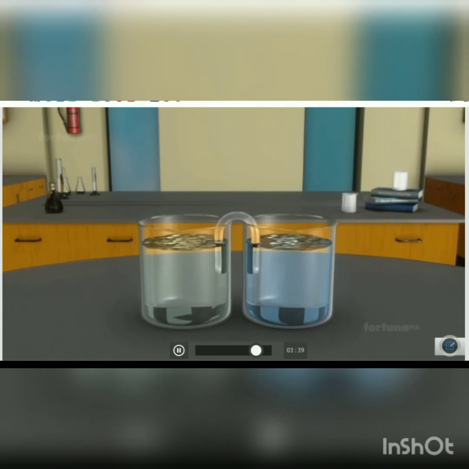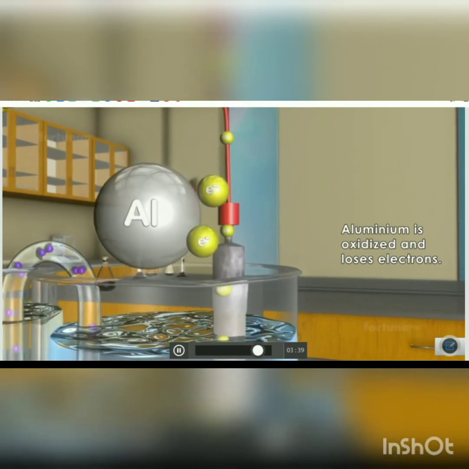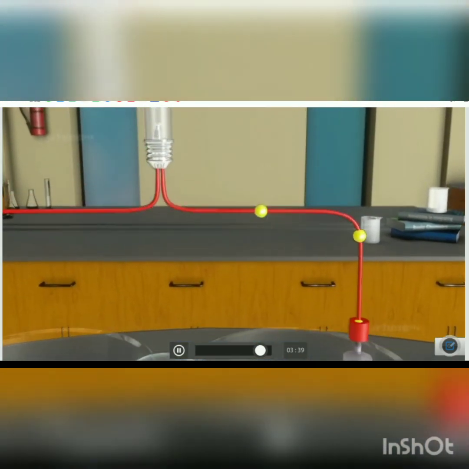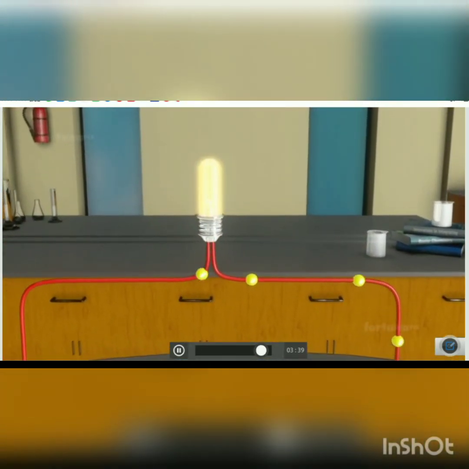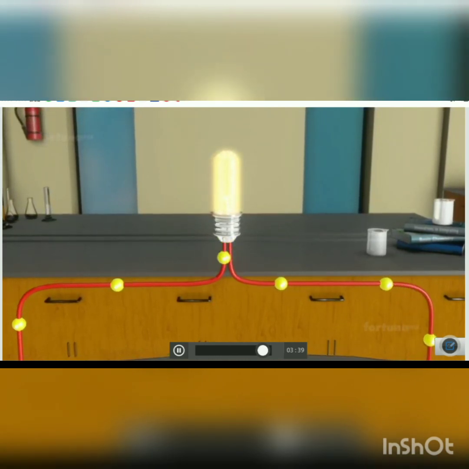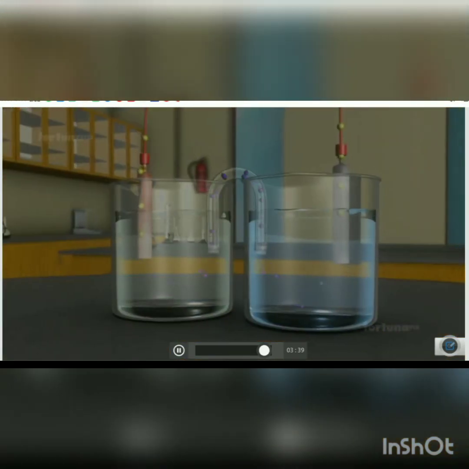For example, in one solution aluminum is oxidized and loses electrons, and in another solution copper gains these electrons, completing the circuit. By a glowing bulb we can prove it, which shows that the exchange of ions for the redox reaction is going on in two separate containers having separate solutions, and the produced chemical energy is used to glow the bulb by converting it into heat energy.